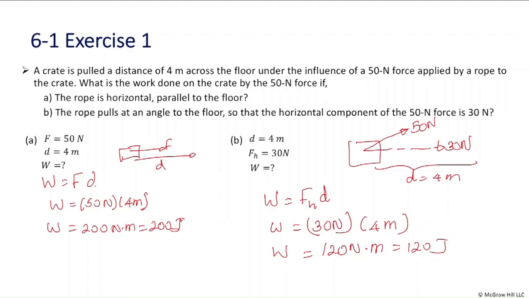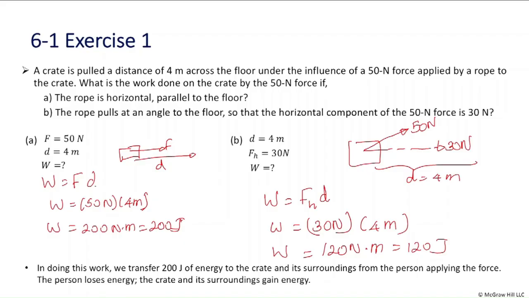So what we see from this example is that by doing this work, we have transferred 200 joules of energy from the person applying the force to the crate and its surroundings. So the person loses energy and the crate and everything it interacts with gains energy.